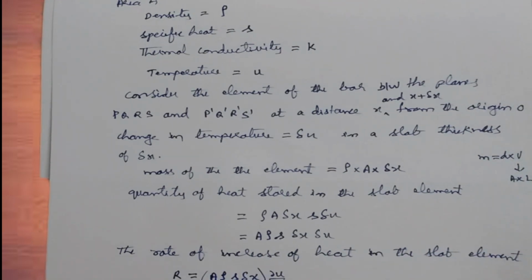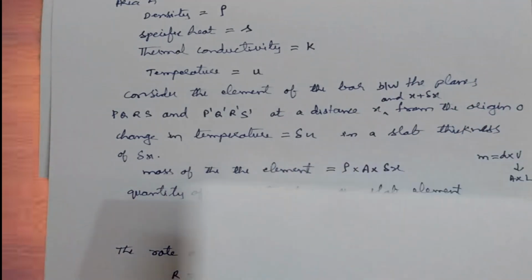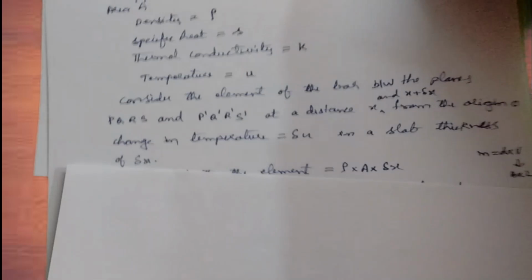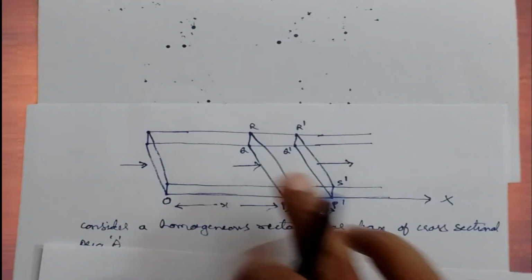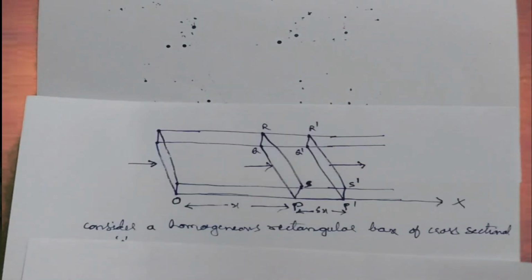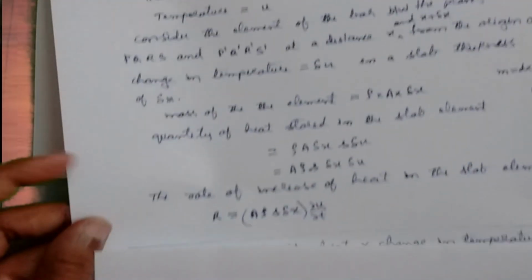Now further, if I want to write down the rate of inflow, how much quantity of heat is flowing through the first cross section area.